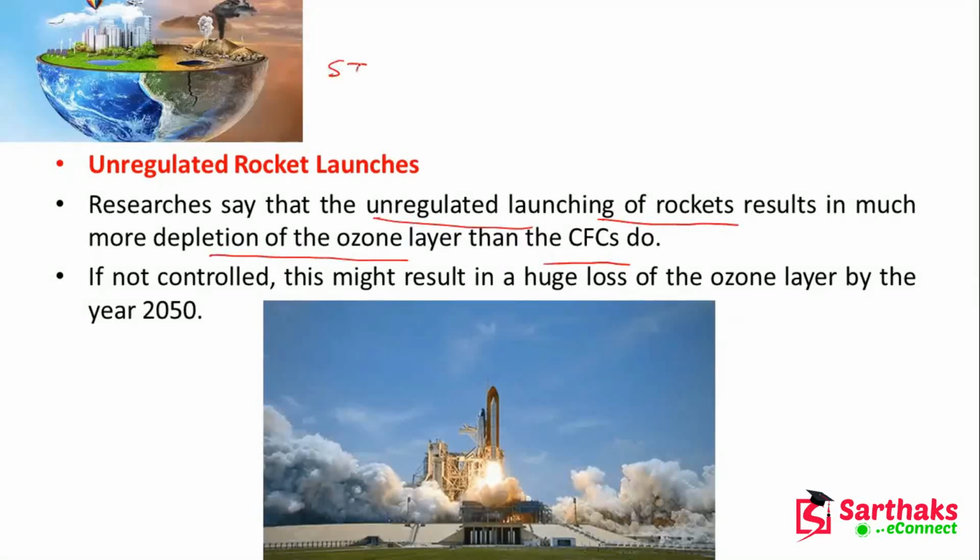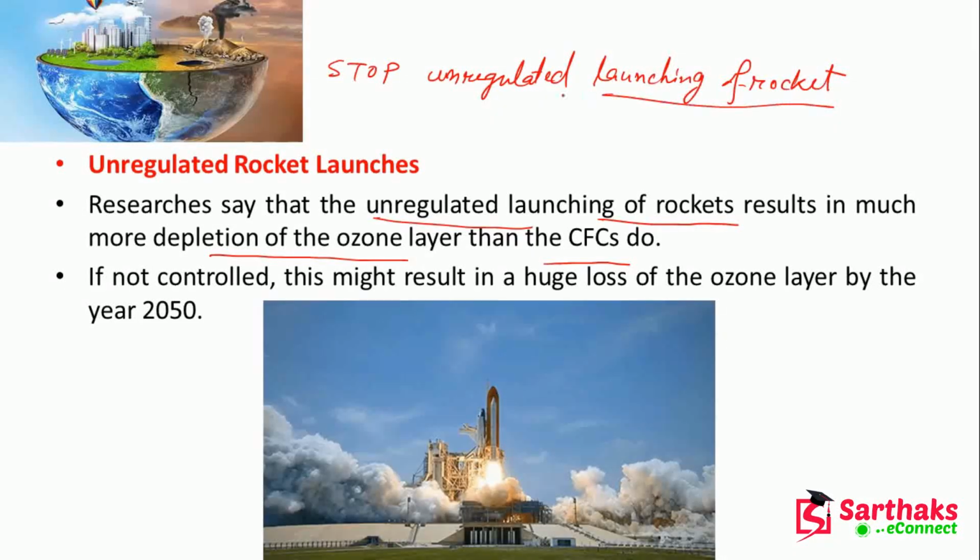So we have to stop unregulated launching of rockets. That does not mean we should stop launching rockets, but whatever gases are emitted at the time of launching, we should regulate those gases so that they will not hamper our ozone layer.